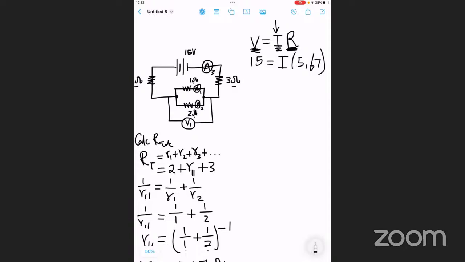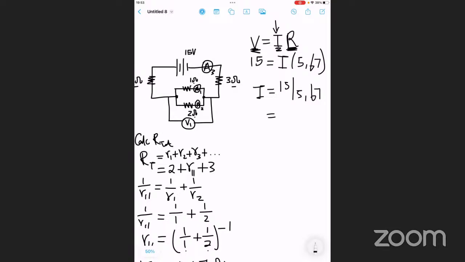So now your current is equal to 15 divided by 5.67. What is the answer there?